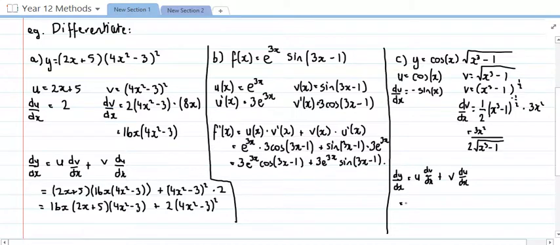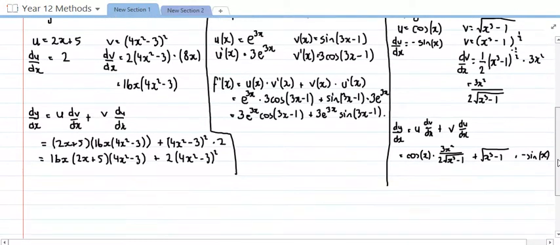So u is cos x multiplied by dv dx, which is 3x squared over 2 root x cubed minus 1, plus v, which is square root of x cubed minus 1, multiplied by du dx, which is negative sine x.